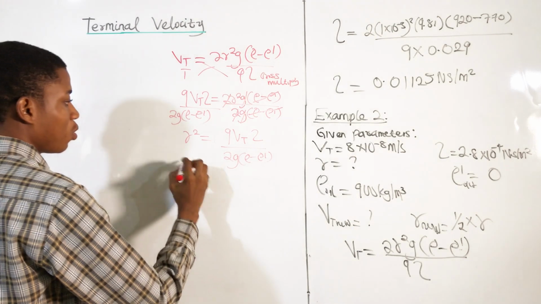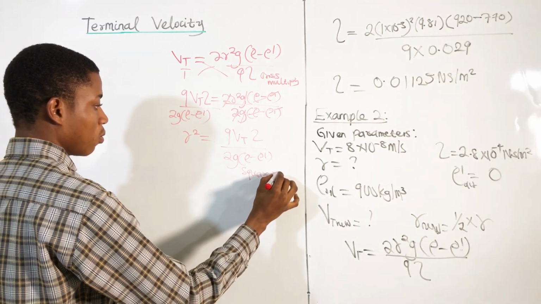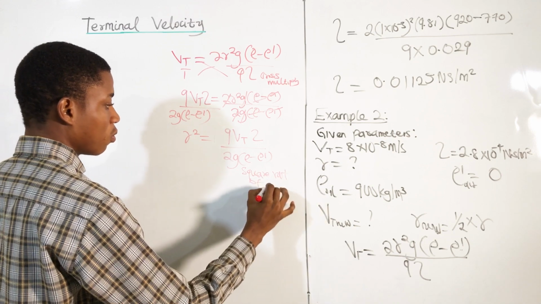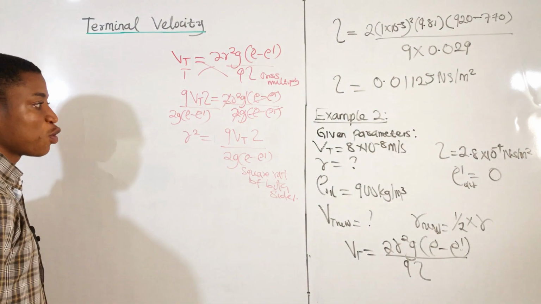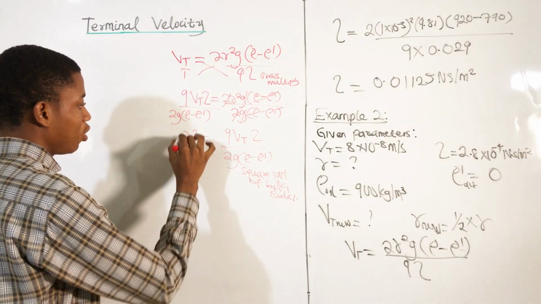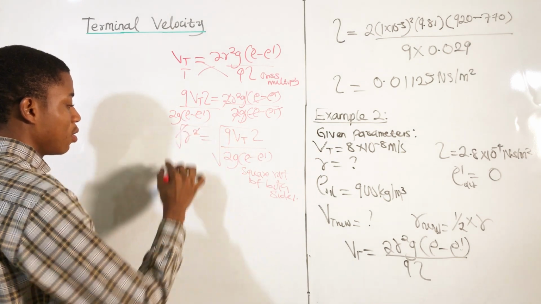From this concept now, you're going to take the square root of both sides. See that it's just taking this and taking this. Of course, this will cancel this.